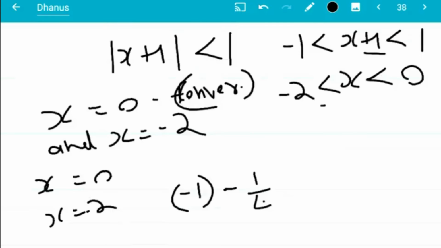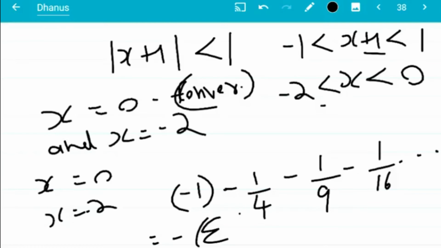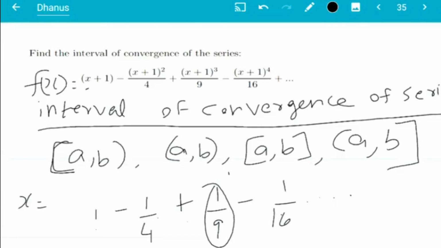Then minus 1 by 9, minus 1 by 16. This is equal to minus of summation 1 by n square. This is anyway convergent. That's why this series is also convergent at minus 2. So the interval of convergence of the series is [minus 2, 0). And this is a question from NBHM M.Sc 2012.